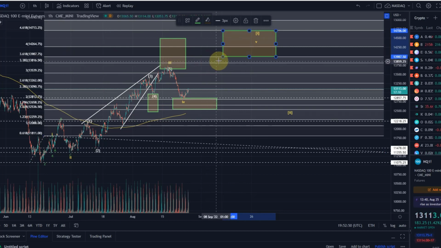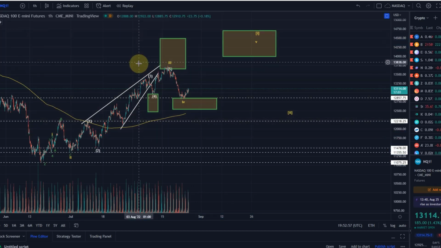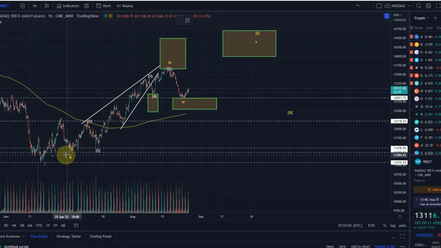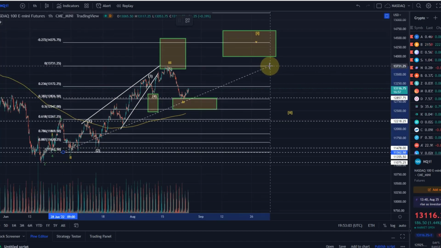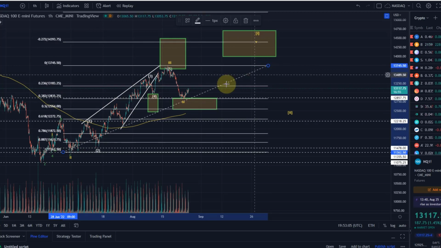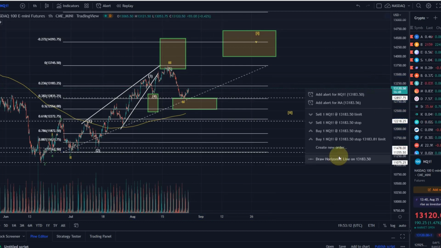So the view is currently, as long as we still are below the 23.6% fib level, so below 13,180, and for that I put the fib retracements on the chart again.